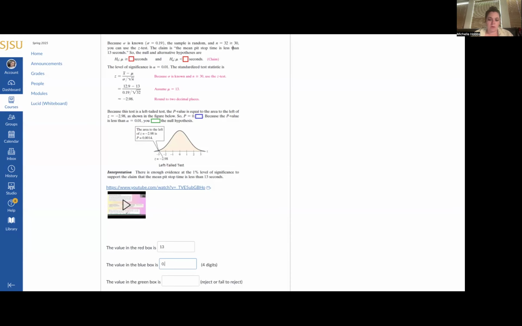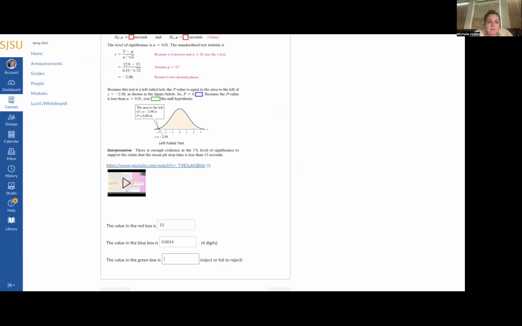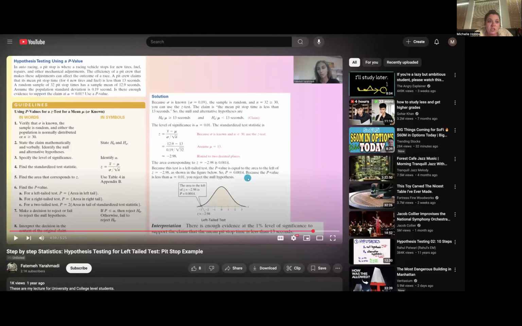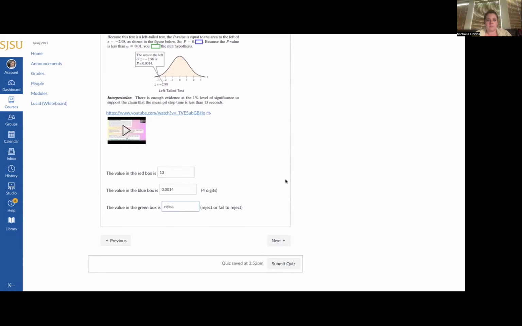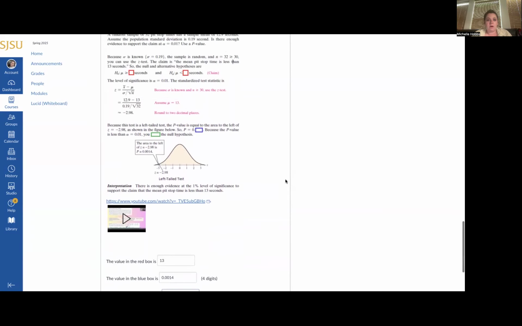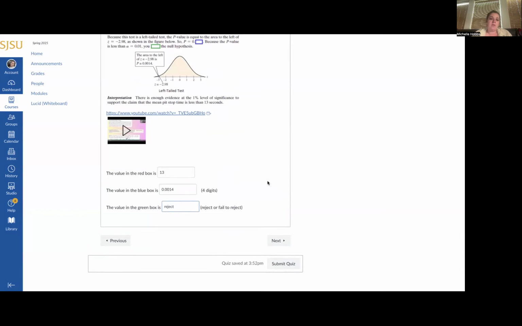Because the p-value is less than the value in the green box, you reject the null hypothesis. So the value in the red box is 13 seconds, the value in the blue box is 0.0014, and the value in the green box is reject.